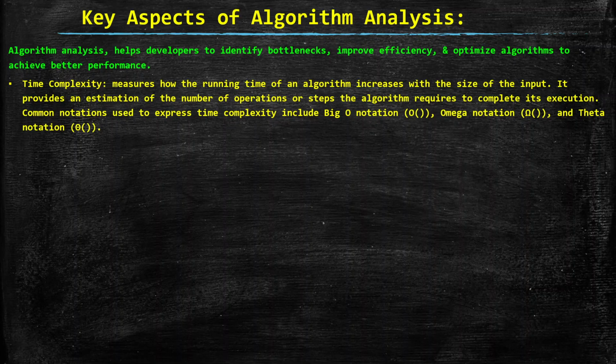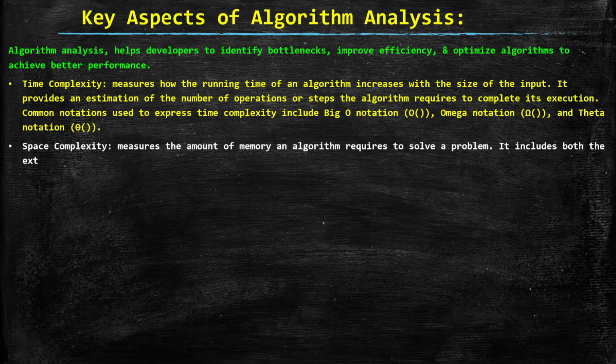Before analyzing, I will talk about two methods of analyzing, why we should analyze, a priori analysis and a posteriori analysis. But first, the key aspects: to analyze the time complexity, we go with big O notation and omega notation, and we try to find the omega notation so that we can go with the best.